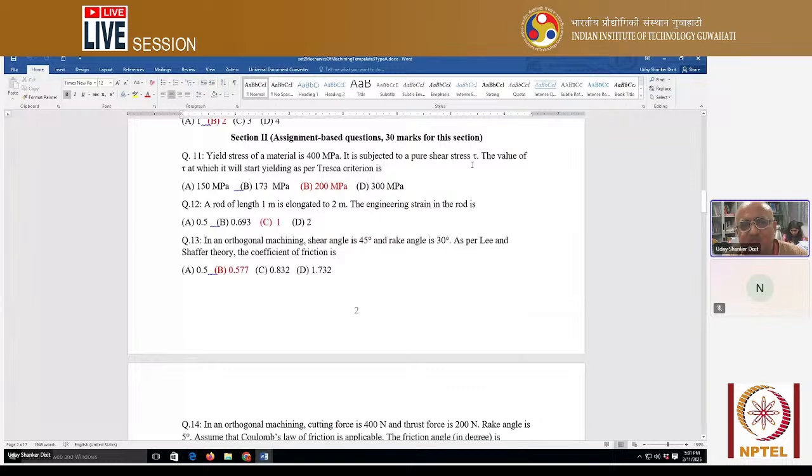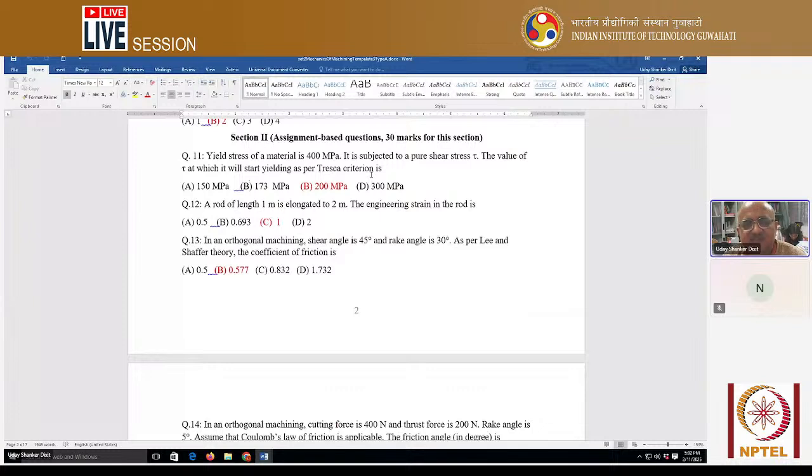It is subjected to pure shear stress. The value of tau at which it will start yielding as per Tresca criteria? In Tresca criteria, shear stress is 50% of the yield stress, so it will be 200. But if it was von Mises criteria, then I would have divided 400 by root 3.